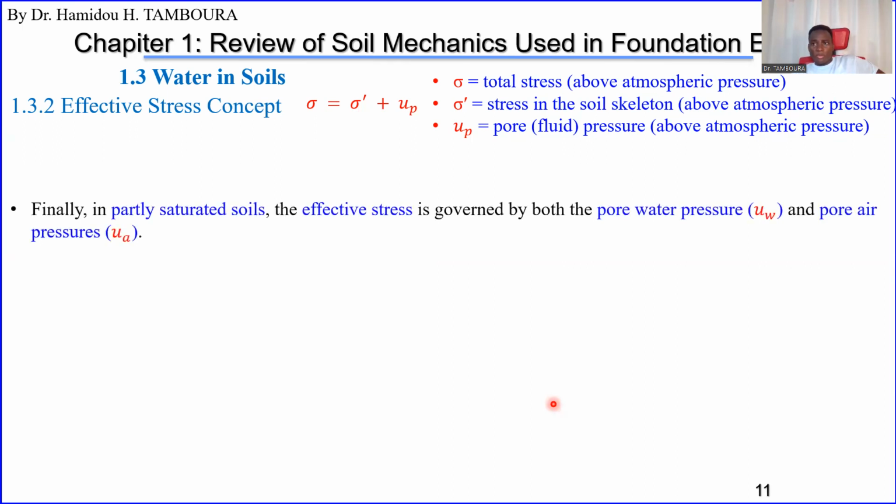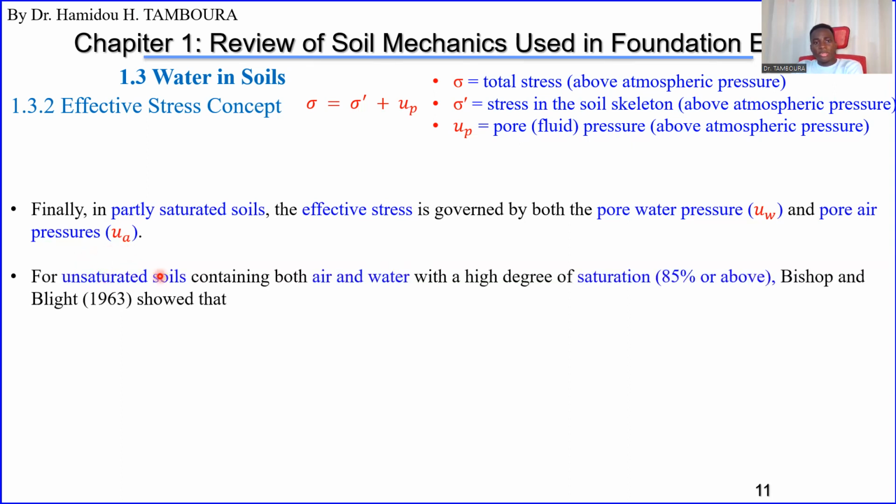So now, when we have a partially saturated soil, that means the soil is not dry and it's not fully saturated. There is water, but it is not fully saturated. In that case, the effective stress is governed by both pore water pressure and air pressure. Okay, this is kind of soil mechanics 2 or unsaturated soil mechanics.